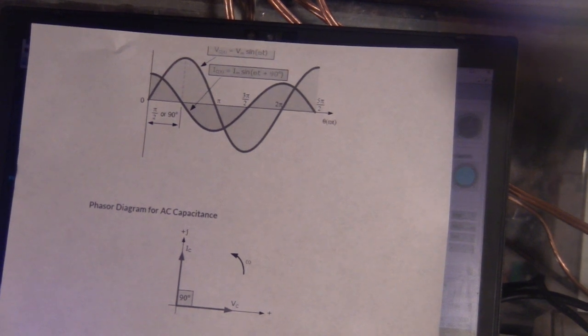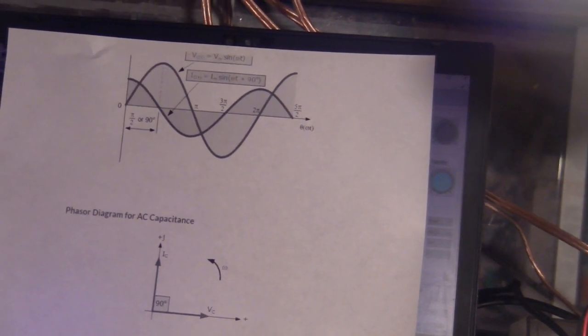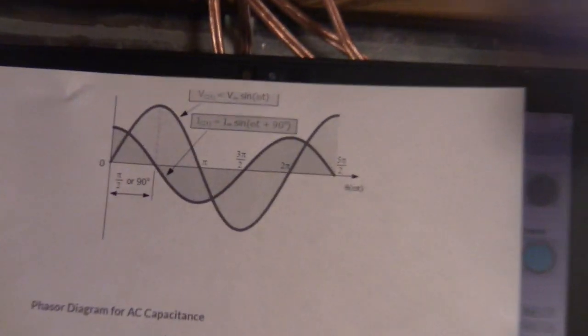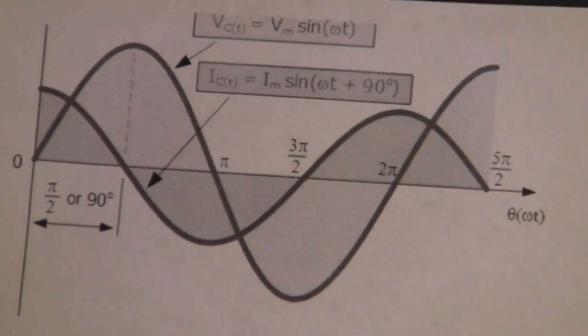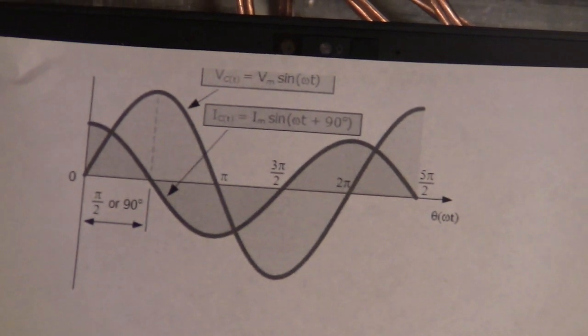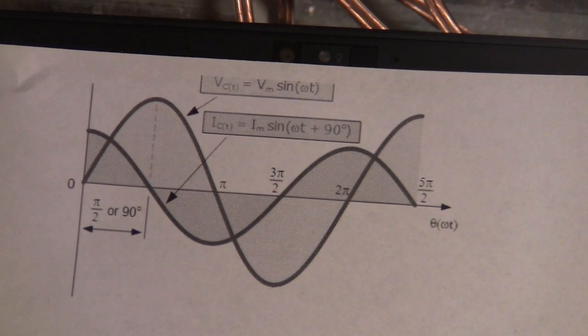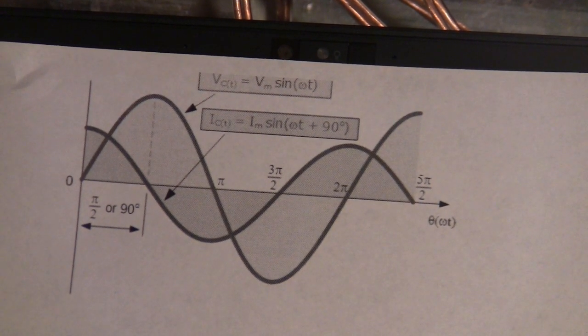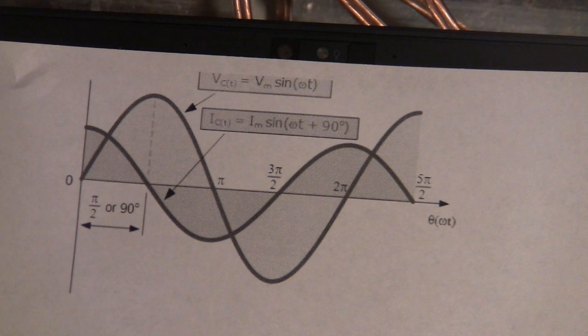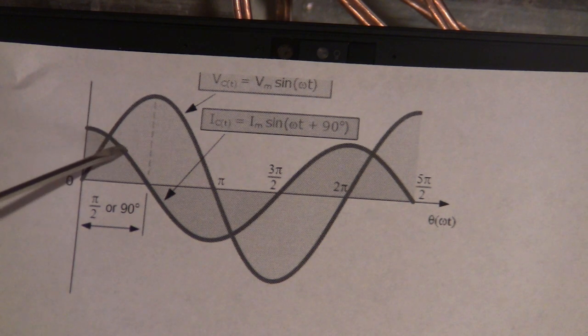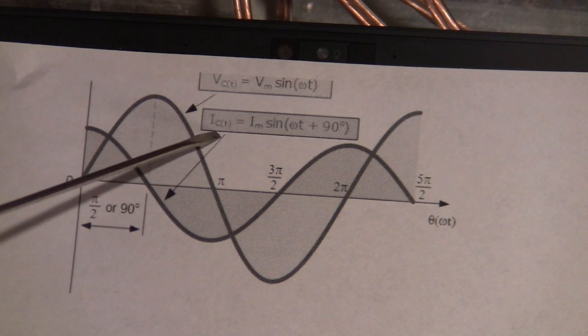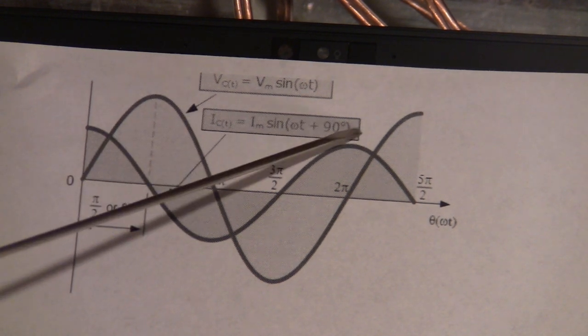So by that, what is going to affect the waveform is like this. When we have a capacitor in an AC circuit, this line is the I. Don't worry about this.